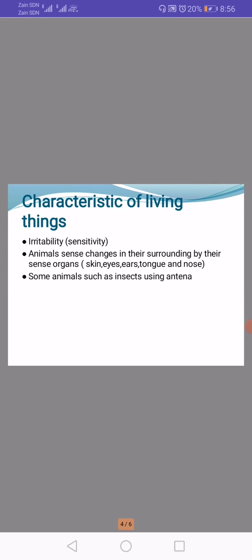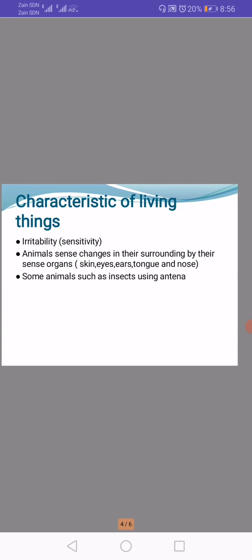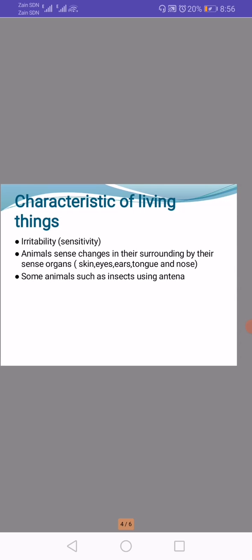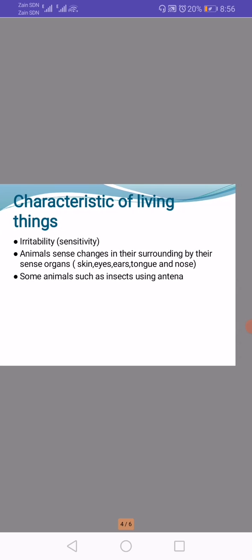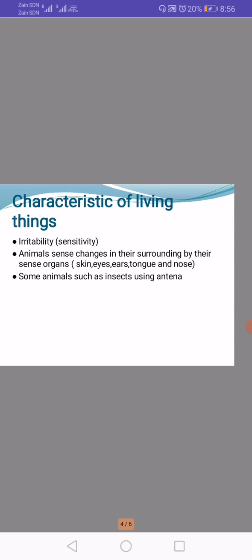The fourth characteristic of living things is irritability. Irritability has the same meaning as sensitivity, but we have a new vocabulary this year. This characteristic means using senses to feel what is happening around them. So animals sense changes in their surroundings by their sense organs.